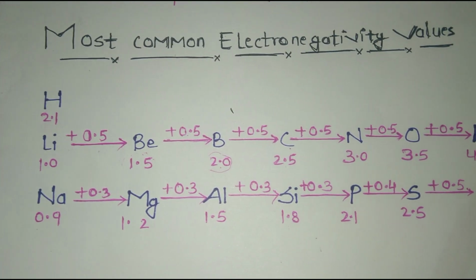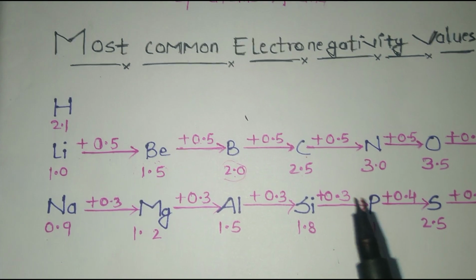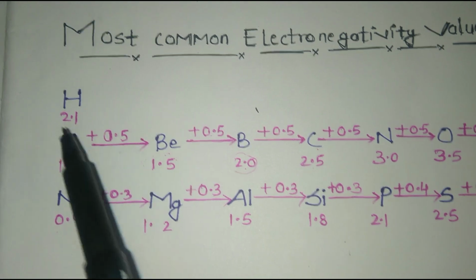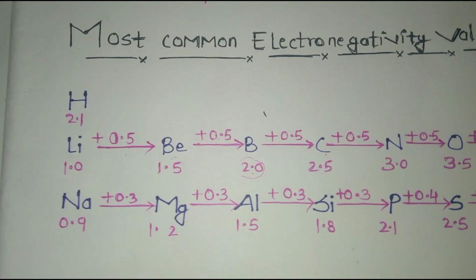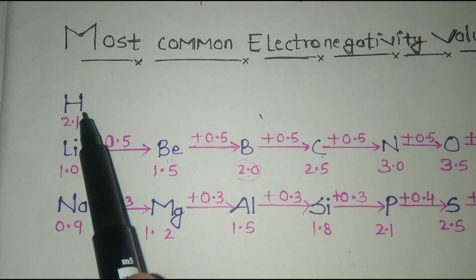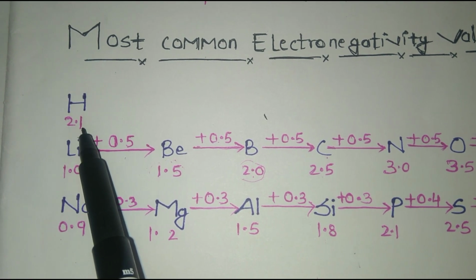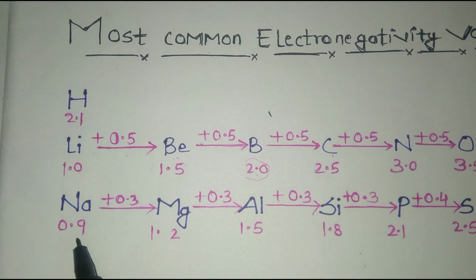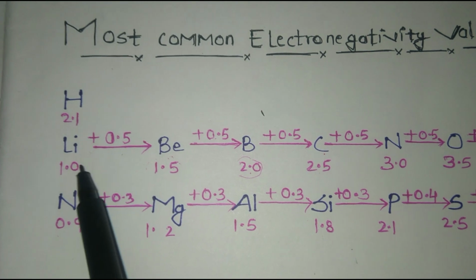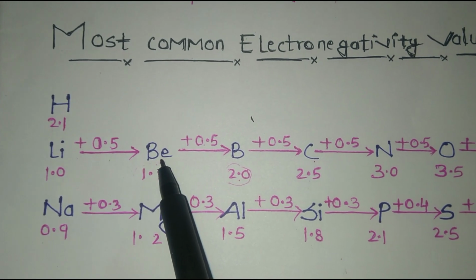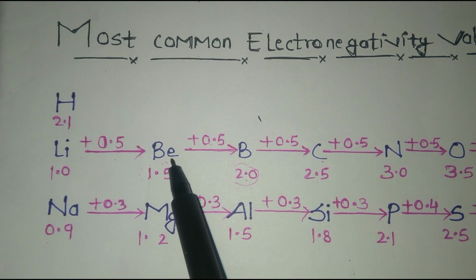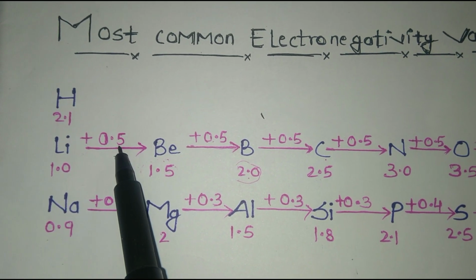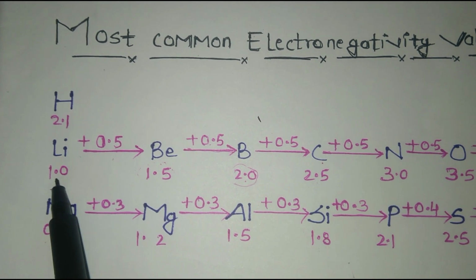Now the values, I have a trick to remember the values of electronegativities of these elements, but you have to learn some values. Say for example, hydrogen has a value of electronegativity 2.1, whereas lithium has 1.0 and sodium has 0.9.